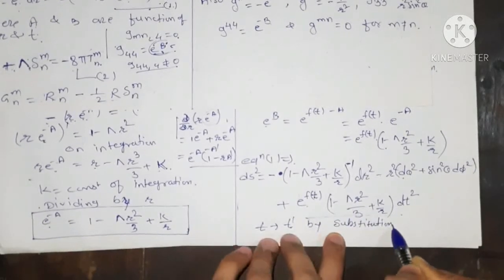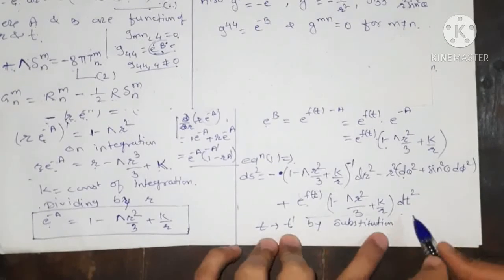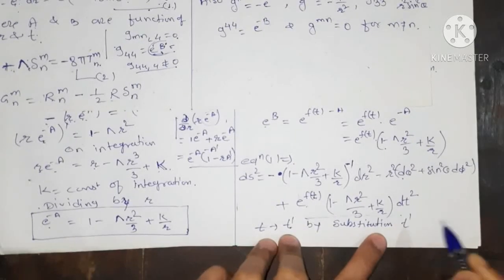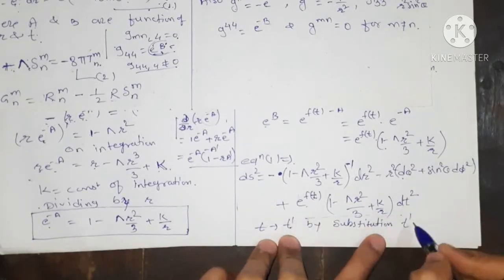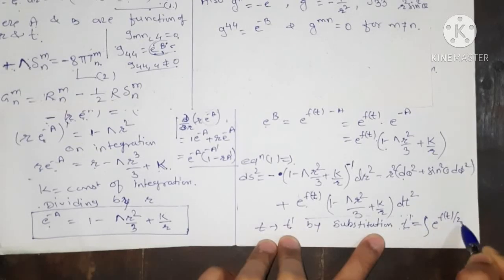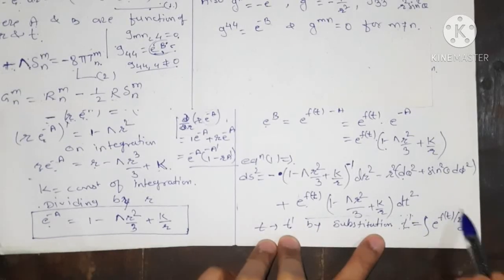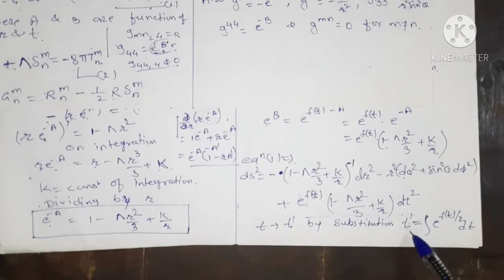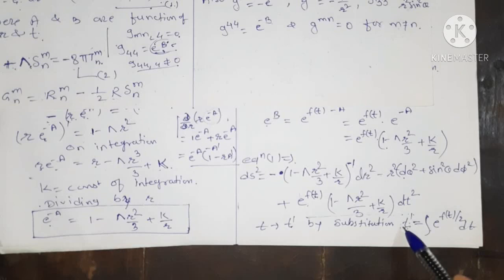What substitution do we use? We use a multiplier, that is, t dash is defined as the integral of e to the power f of t upon 2 into dt. We calculate this term and get the value of t dash, the new coordinate to which we have changed t.